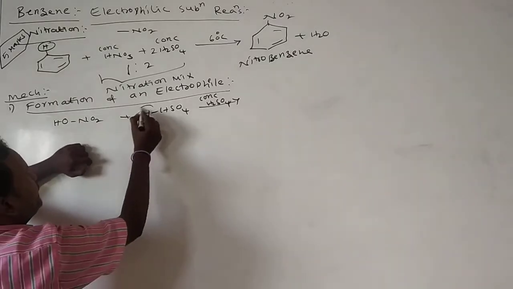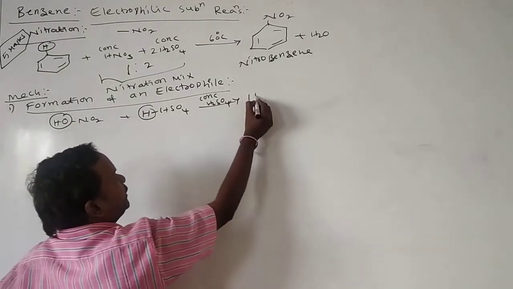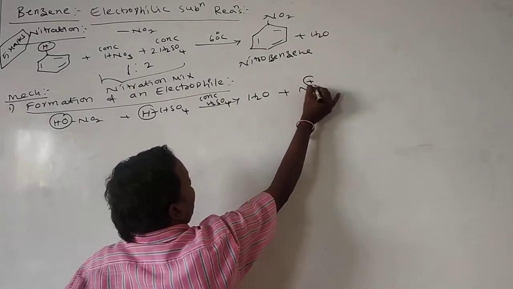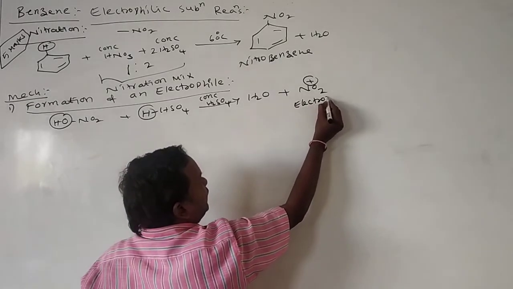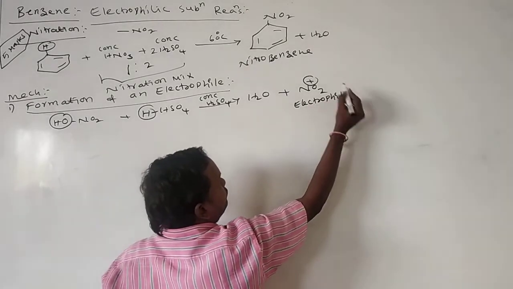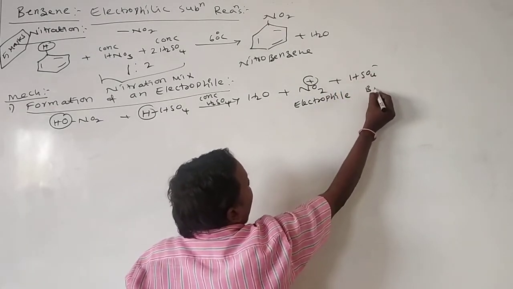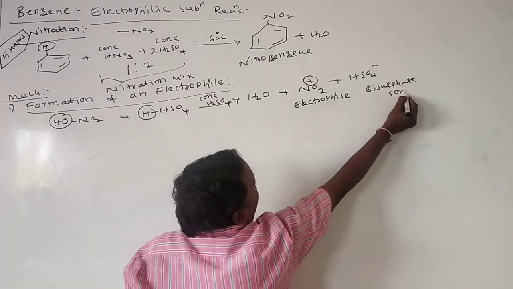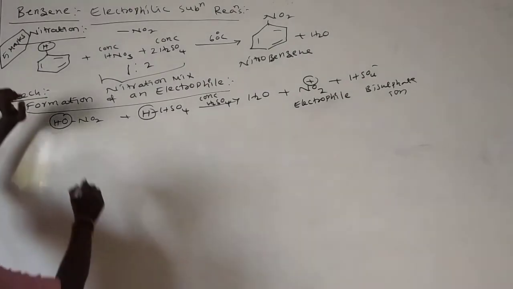This H and this OH are lost in the form of water, plus it forms NO2 plus. This is an electrophile, plus HSO4 minus. This we call bisulfate ion.